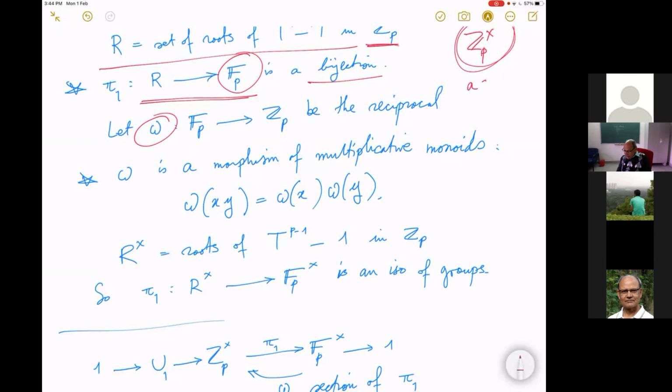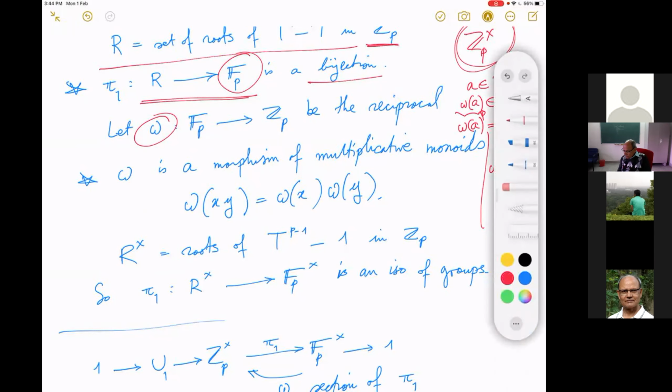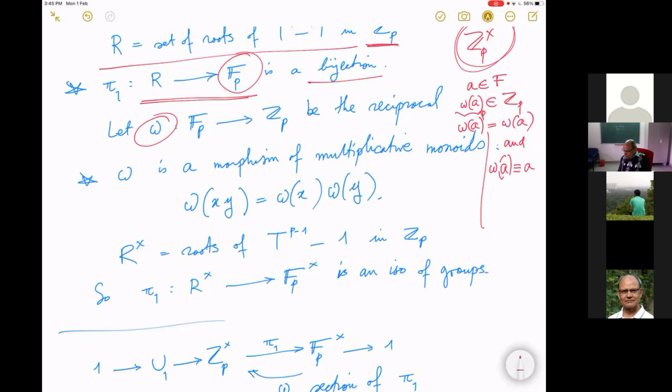It takes an A in Fp to omega A in Zp. And what property does omega A have? Omega A has the property that omega A to the power p is equal to omega A, and omega A, when you reduce it modulo p, is congruent to A modulo p.